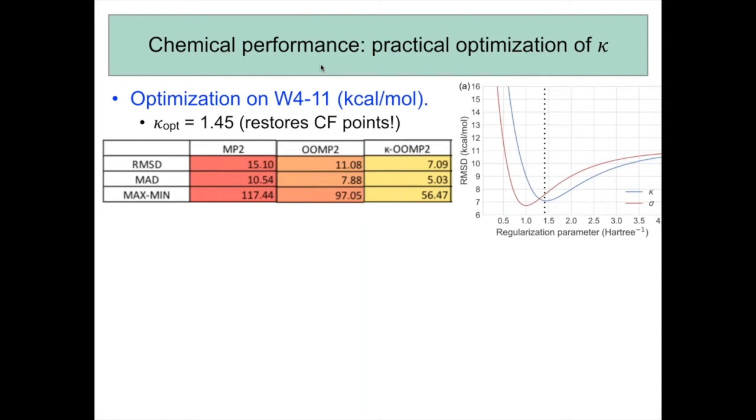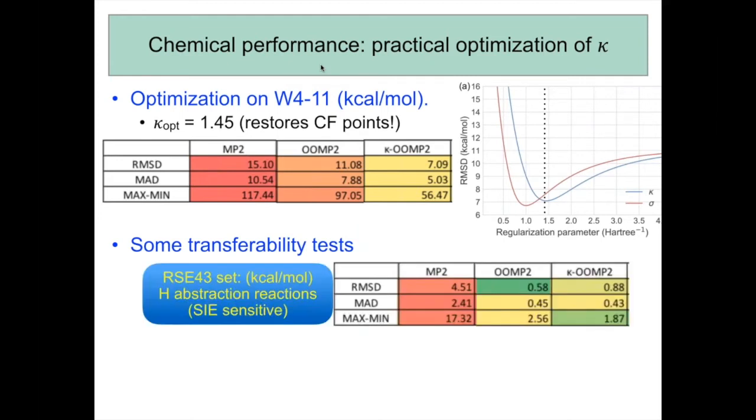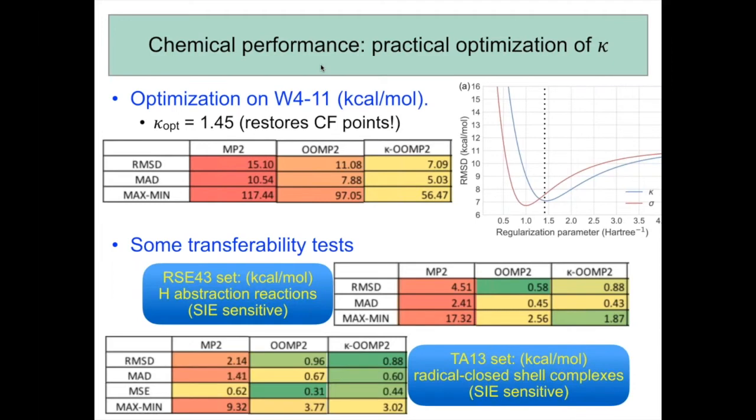And so then we should go look at some transferability tests. Well, just very briefly. Basically, you see that for radical stabilization energies, the regularization actually does not help, but it does not greatly hurt. Both OOMP2 and kappa OOMP2 are significantly better, that is more than 5 times better in terms of lower RMS values than MP2 itself because of lower spin contamination.